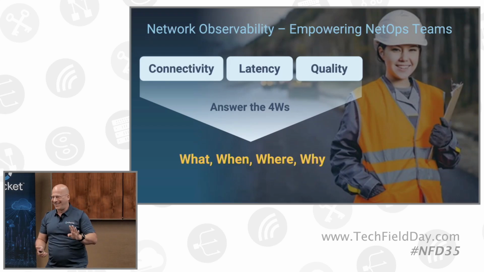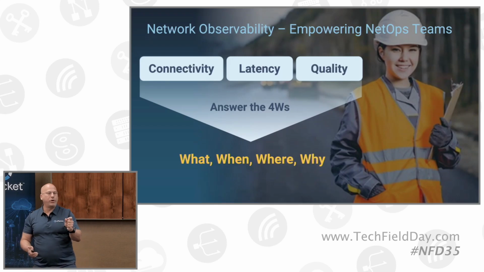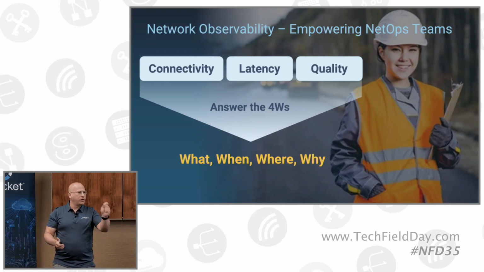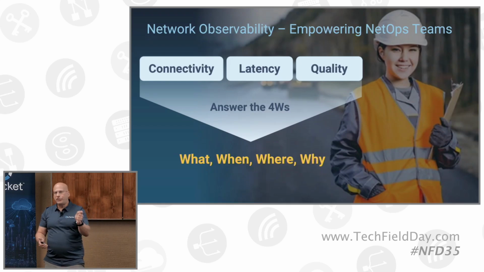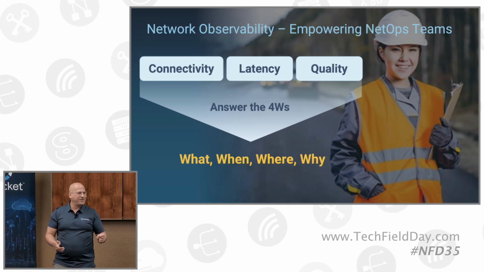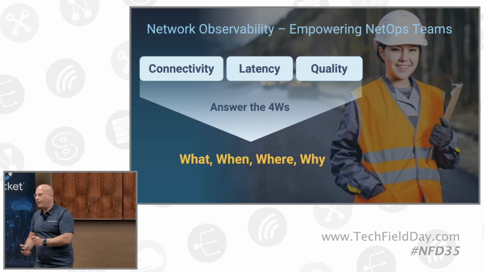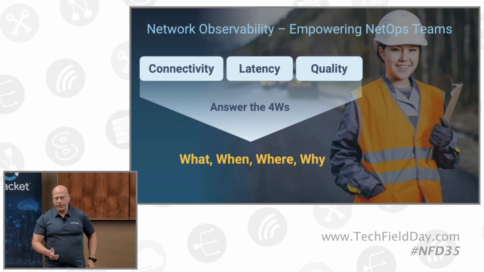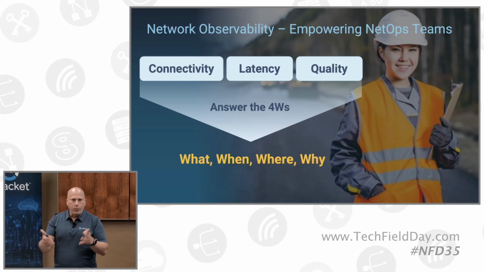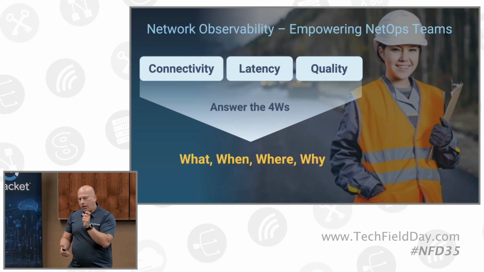The why can be many things, such as a load balancer, whether it was a software upgrade or a feature that one load balancer company decided was a good thing and everybody else thought was a bad thing. That is left as an exercise for the reader. But the ability to do the what, when, where, explaining whether it is a connectivity issue, latency or quality, is the tools that we're building, and that's in order to empower. So this is what we call empowering the network ops teams.